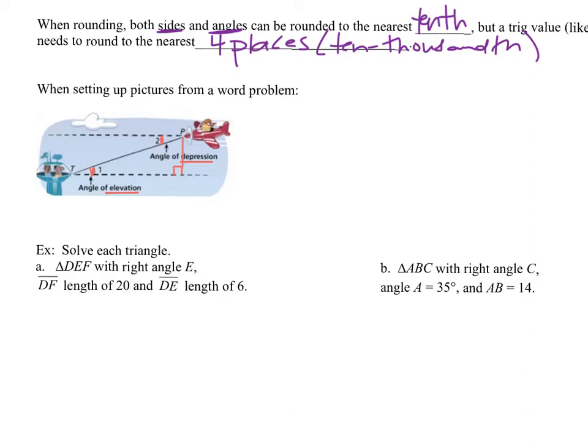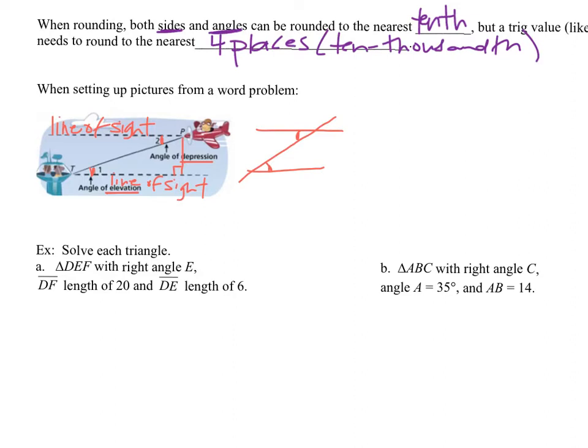Now, the airplane pilot is looking out at what's called a line of sight. If you look straight out, that's known as line of sight. And if the traffic controller has a line of sight as well, when they look straight out, those lines would be parallel to each other. And if you have two parallel lines cut by what's called a transversal, the angle on the top, the angle of depression, and the angle of elevation are the same.